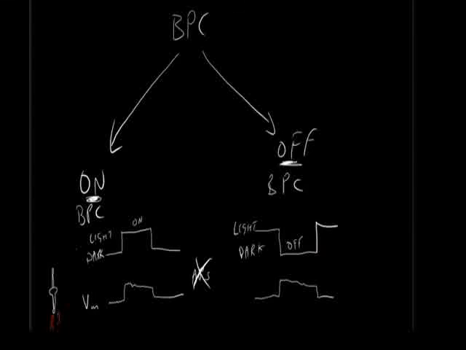It might help if I draw a yellow line where the neurotransmitter is being released. So the neurotransmitter is being released here, and that's causing the membrane potential to go down. So that's inhibitory. Here, the neurotransmitter is being released here, and that's causing a depolarization. So that's excitatory.